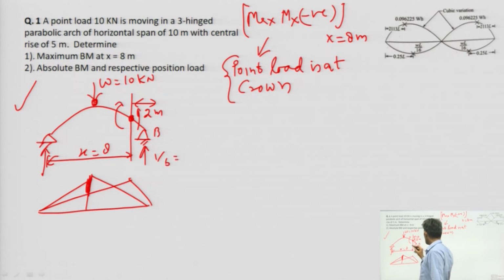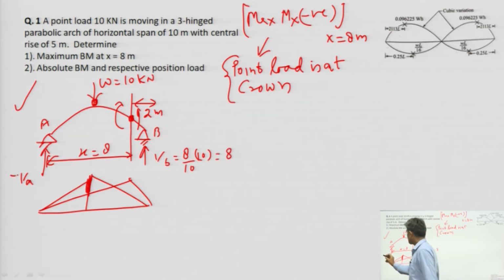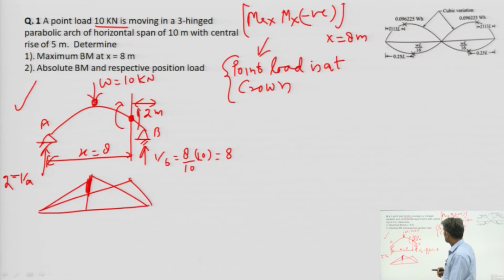Suppose this point is B, suppose this point is A, so it is VA. So, VB is 8 into total length is 10, okay, 8 by 10 multiplied by 10, okay. So, this is 8, so VA will be 2, okay, it is correct. Yes, 10 kilonewton load, span 10, okay, no problem.